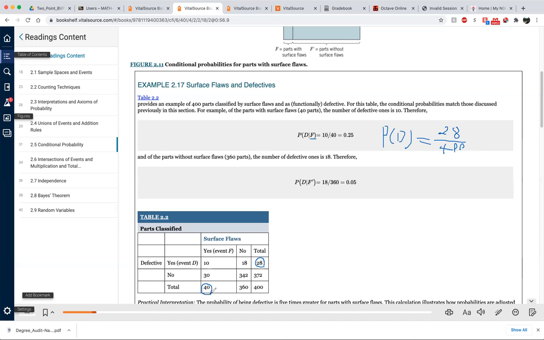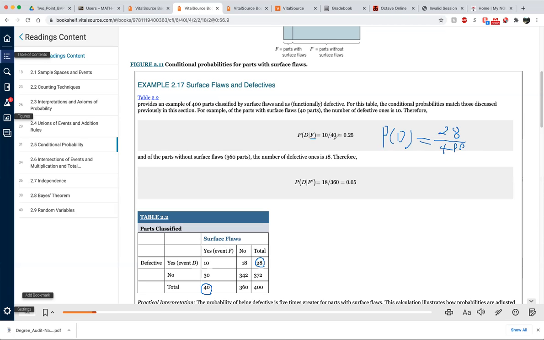This is the total number of outcomes of event F, which is the updated sample space, the number of parts with surface flaws.